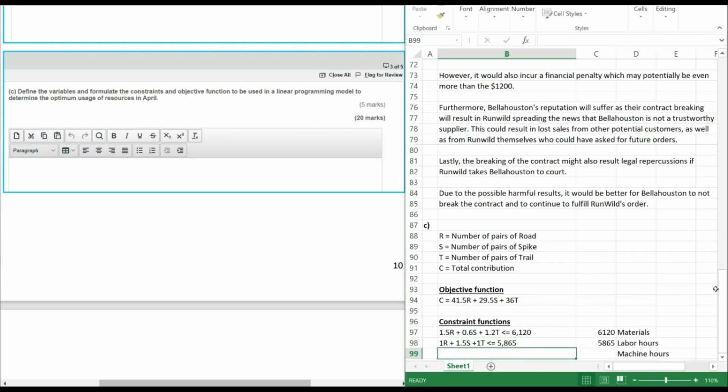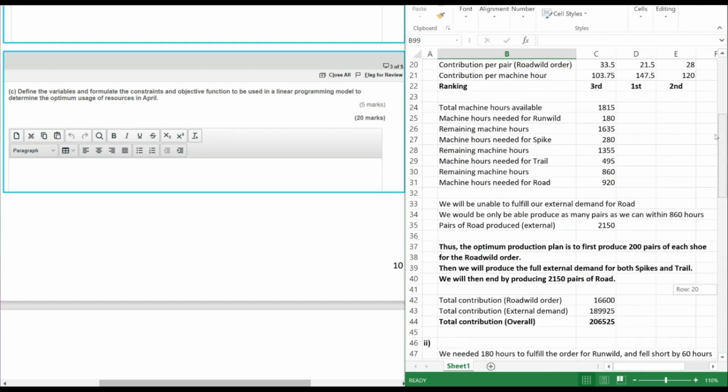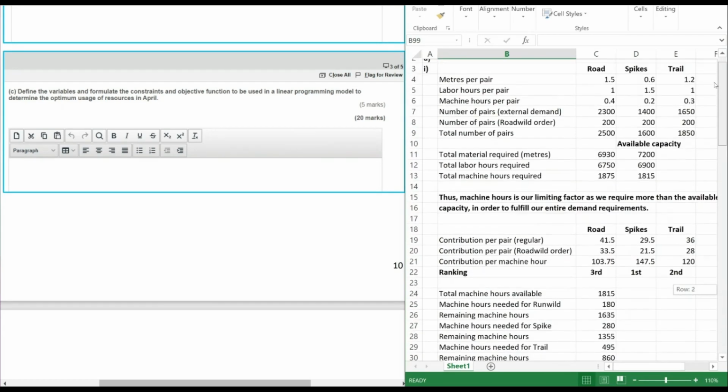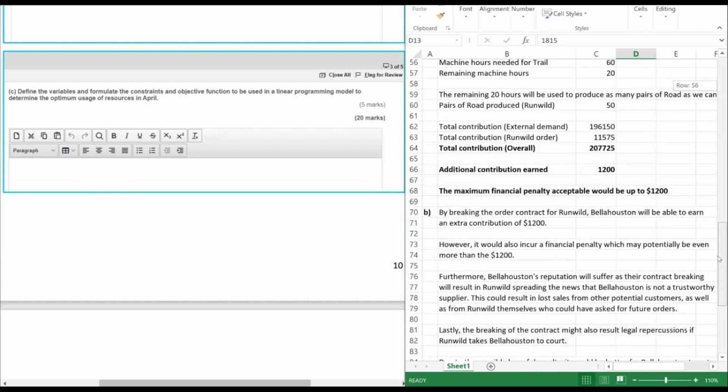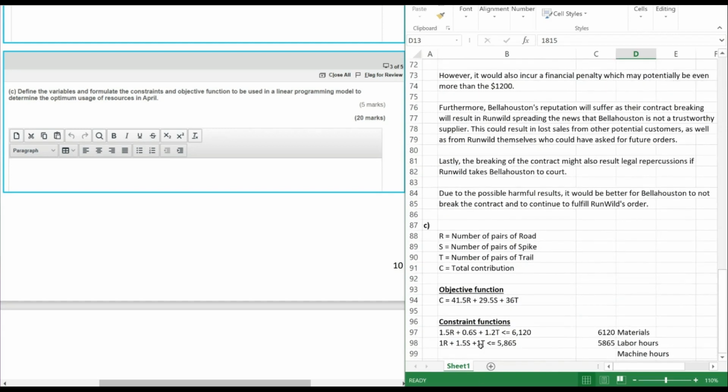5,865. And lastly, for machine hours, the capacity or supply was 1,815, and it was 0.4, 0.2, and 0.3 machine hours per pair. So 0.4 R plus 0.2 S plus 0.3 T, and this will be less than or equal to 1,815.